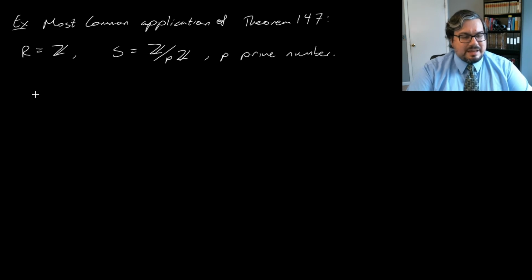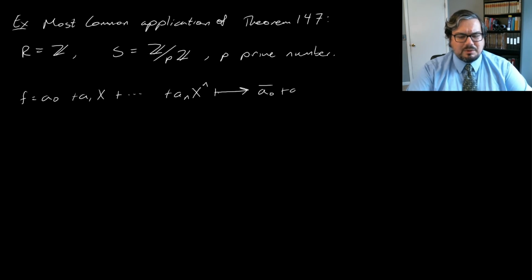This means that we take some polynomial f, a0 plus a1x plus dot dot dot plus an x to the n, and we send it to a0 bar plus a1 bar x plus dot dot dot plus an bar x to the n, where this polynomial lies in the polynomial ring over Z mod pZ.